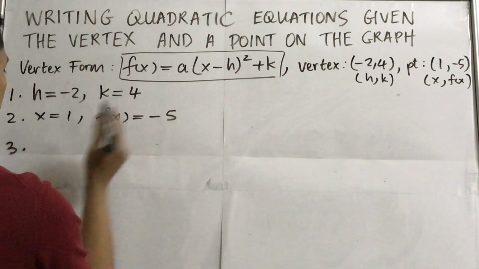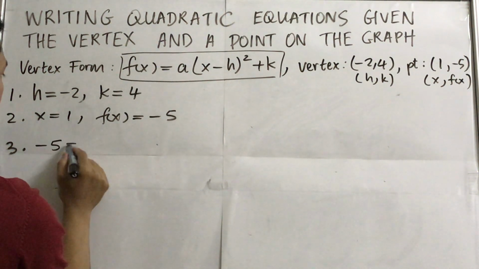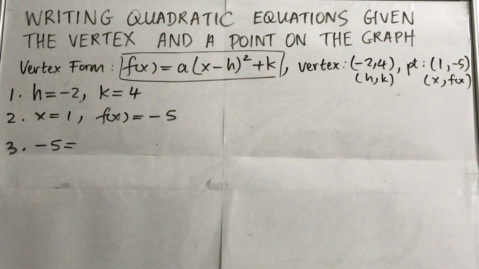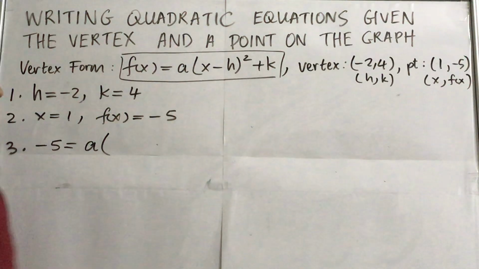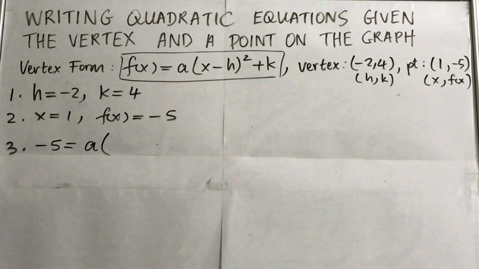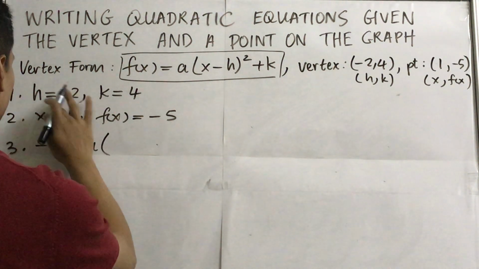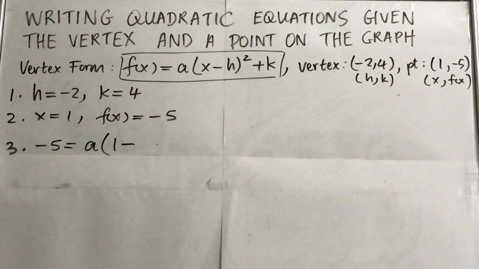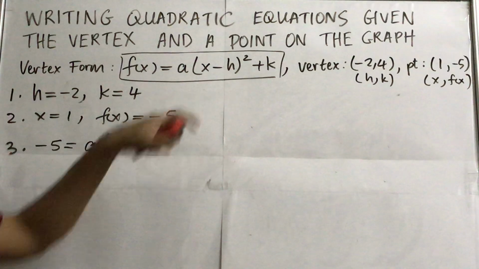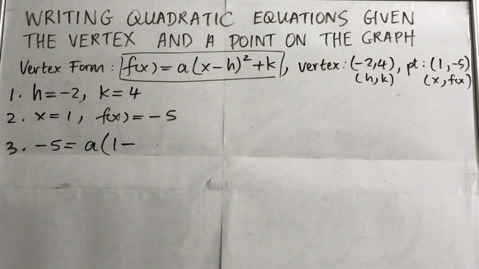f of x, -5. a is what we need to look for. x is 1 minus, we always put the minus there because that's what the definition is. What is your h?